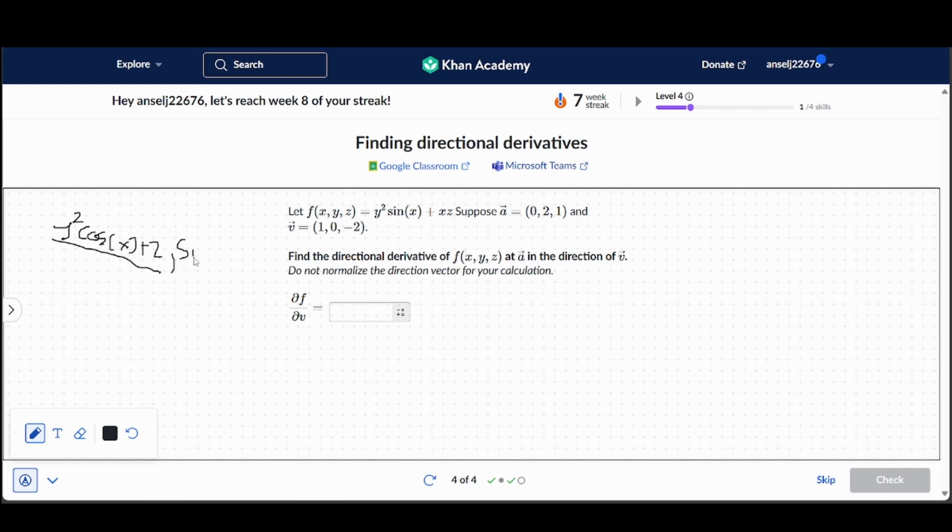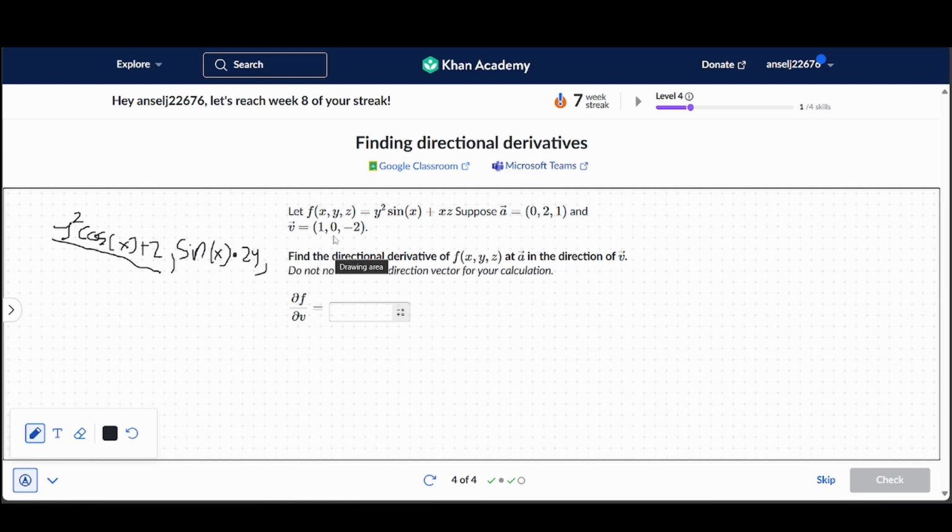And then for the partial derivative for y, it's sine of x times 2y, because we just treat the sine of x here as a constant. And then it's just nothing here because it doesn't involve y.